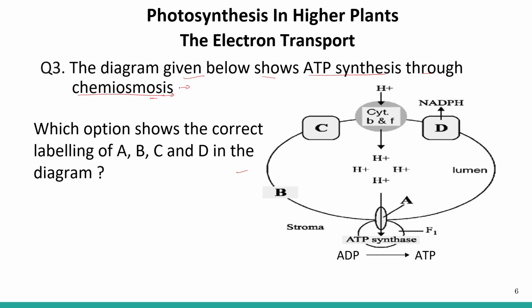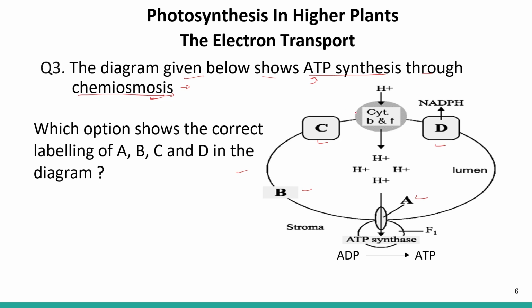Okay, chemiosmosis involved in ATP synthesis. This hypothesis was given by Peter Mitchell in 1961. So here they have given this. We have to label them A, B, C, and D. We have to correctly label them.